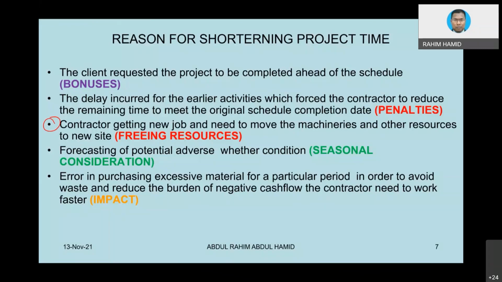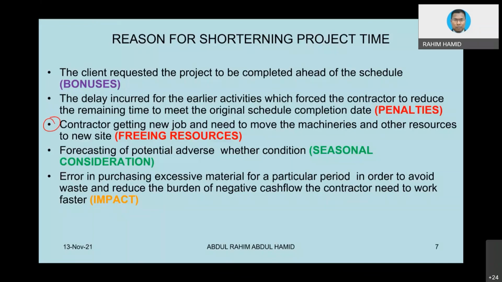You already have resources at project A, machines, or maybe a few manpower. Instead of hiring a new machine or getting new people, why don't you speed up some of the activity in project A so that those machines or some of the people can be released to another project if they are no longer needed at that particular project.